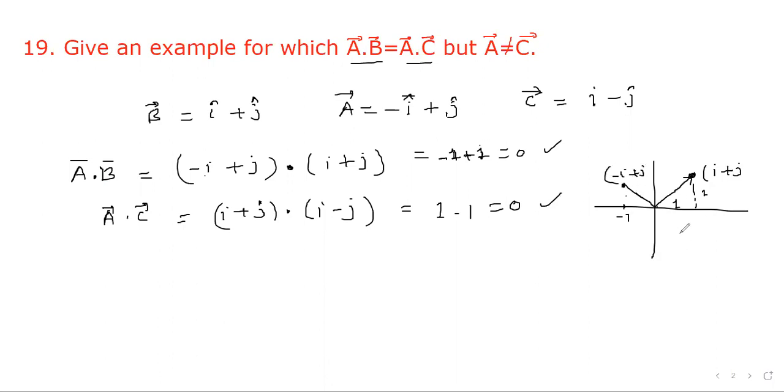And third vector i minus j will be like this. This is positive 1, then downward 1. So this becomes i minus j. This is vector B, this is vector A, and this is vector C. Clearly, they are directed in different directions.